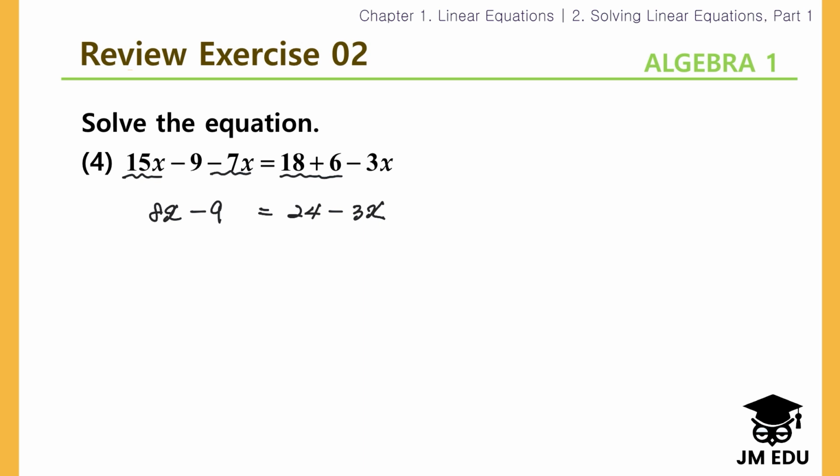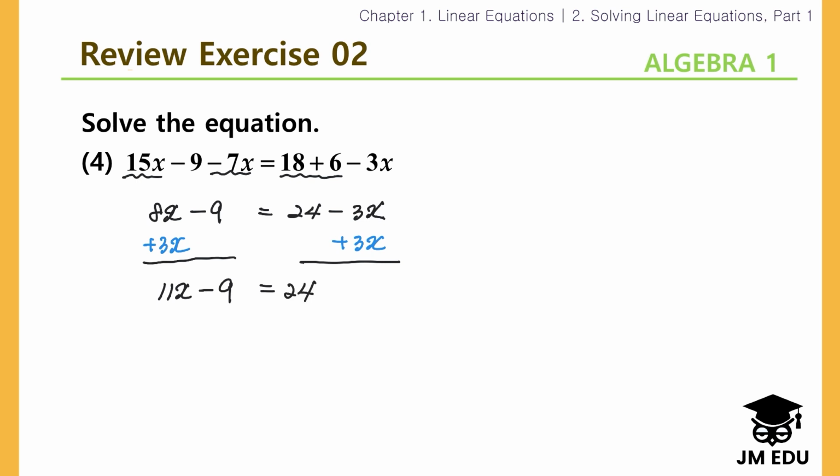So we're going to add 3x on the right hand side and left hand side to eliminate negative 3x. So on the left hand side, 8x plus 3x, 8 plus 3, that's 11x, minus 9 is equal to 24 minus 3x plus 3x, that's just 24, right?